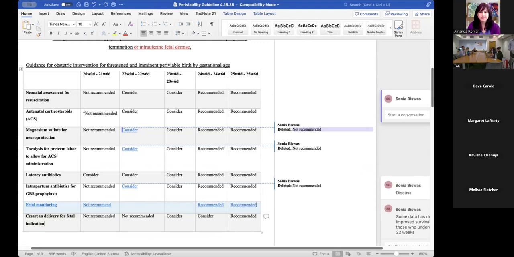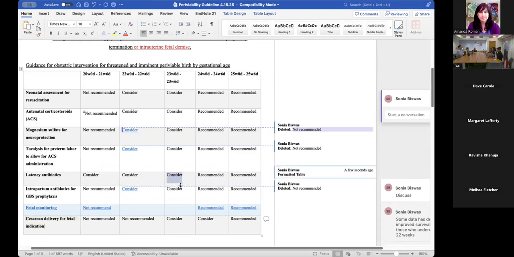We want to do 23 weeks. Consider. But then it's like, do we? Maybe that's what we've done. The lady with the cerclage and ruptured membranes, we just delivered. We talked about it and she was okay with Doptones at that 23rd week.